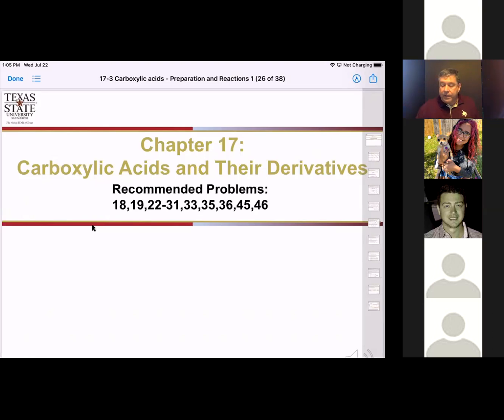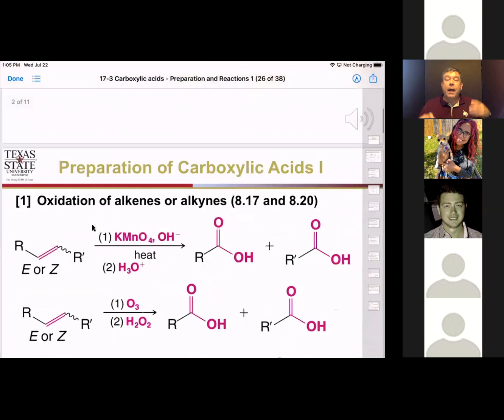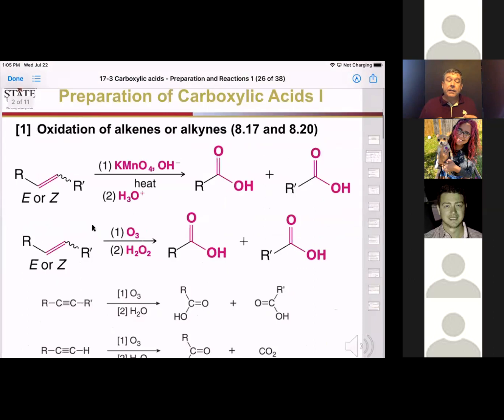Okay, so we already know that, but there's a couple different ways to also make them from alkenes. So for example, if you have an alkene, and it can be a cis or a trans alkene, you can oxidize that using permanganate with a little bit of base, and that'll give you 2 different carboxylic acids.